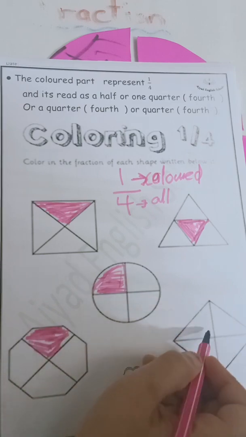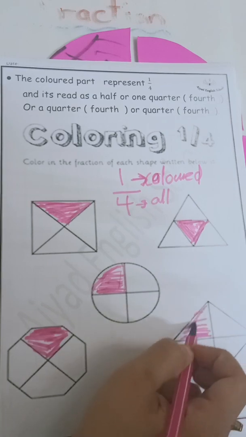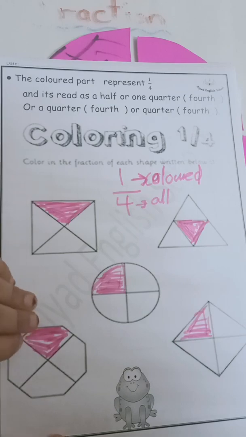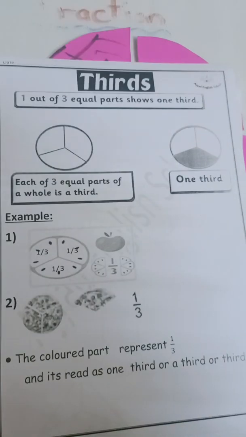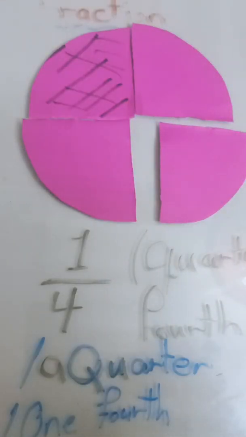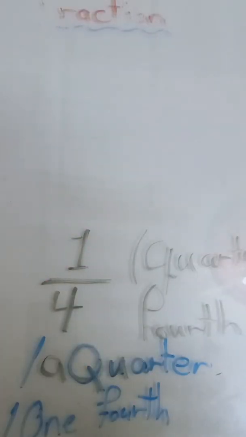Okay, and here I will color 1 part only. The next page homework for you. In the next part in our lesson, if we have the same circle and divide to 3 parts, like this.